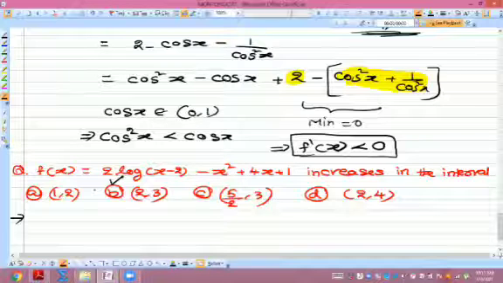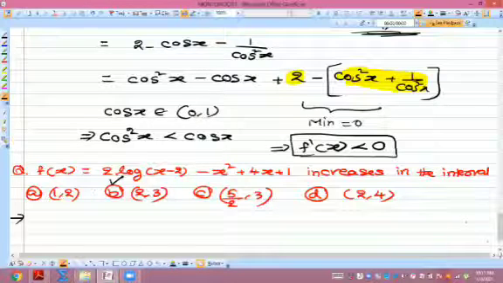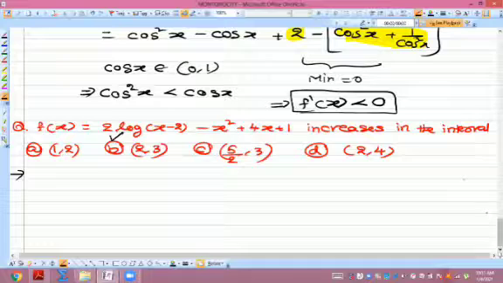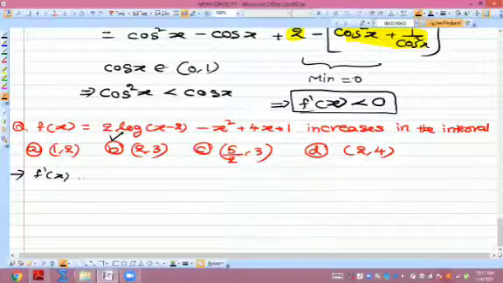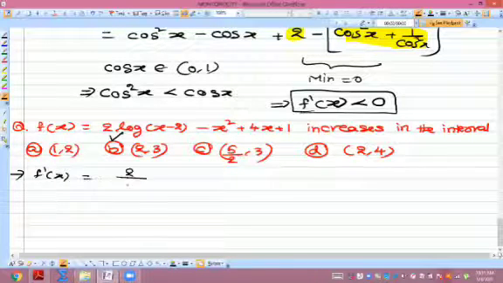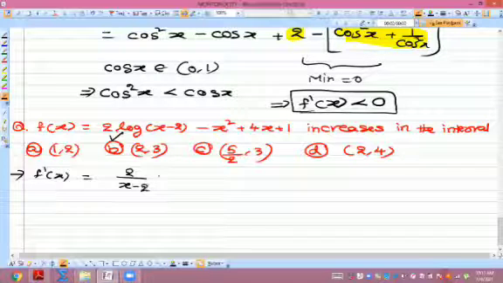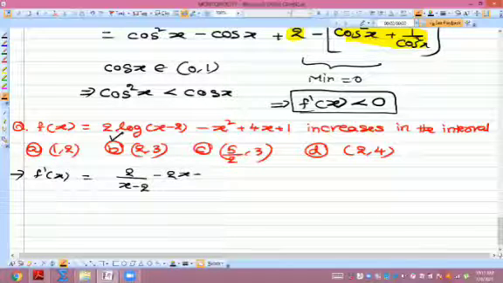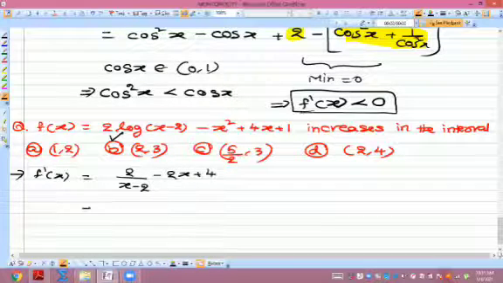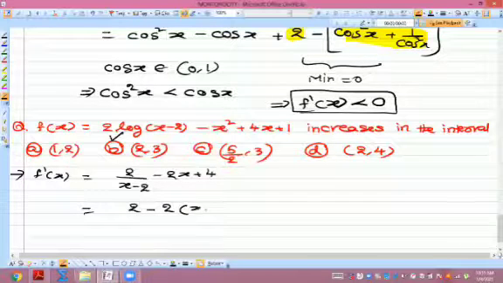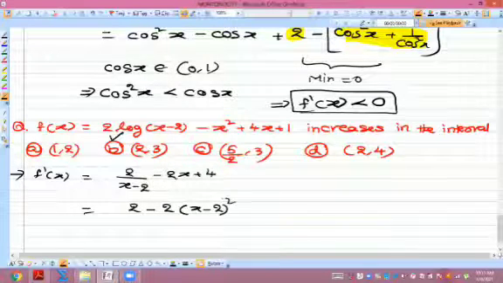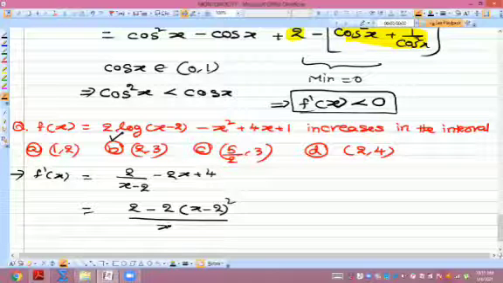So, what is f dash of x? That is 2 by (x minus 2) minus 2x plus 4. Okay, so this is 2 minus 2 into (x minus 2) whole square by (x minus 2).